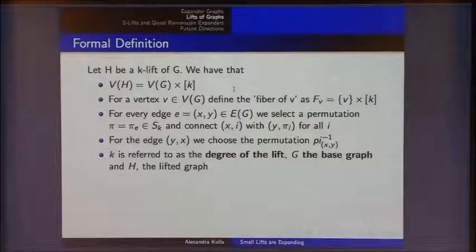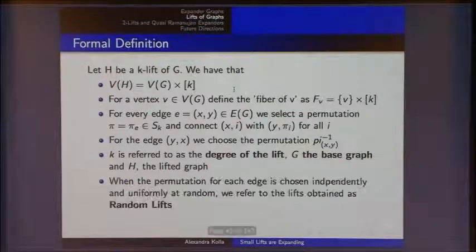k would be the degree of the lift, not to be confused with the degree of the graph. I know it's similar notation. G is called the base graph, H the lifted graph for the rest of the talk. And what we mean by random lifts is if we fix the base graph, fix a k, and choose each one of the permutations for the edges uniformly at random, depending on how you choose them, from what set.